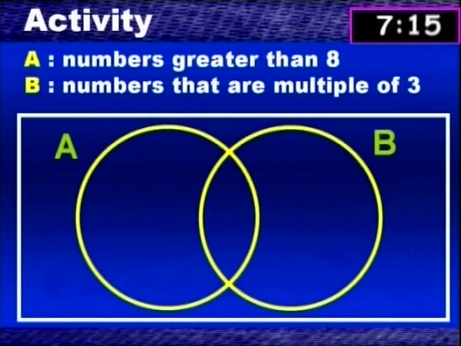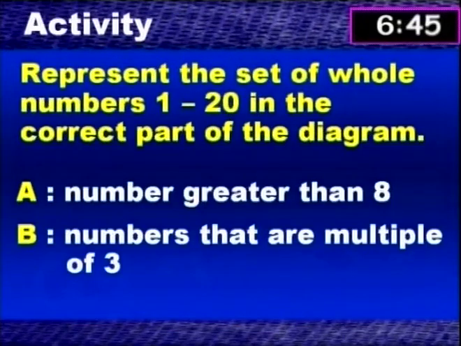For example, 6 is an intersection or common number, common in multiples of 2 and multiples of 3. That's why we have it in the middle. So you work out the numbers which are between 1 and 20 only.